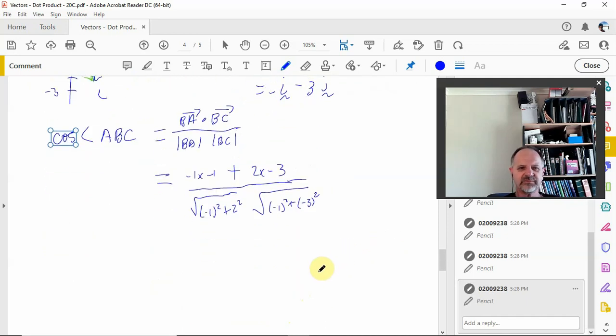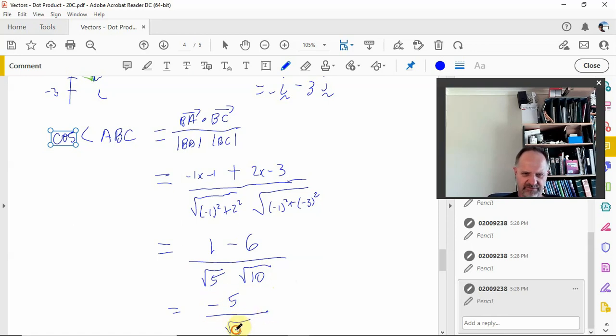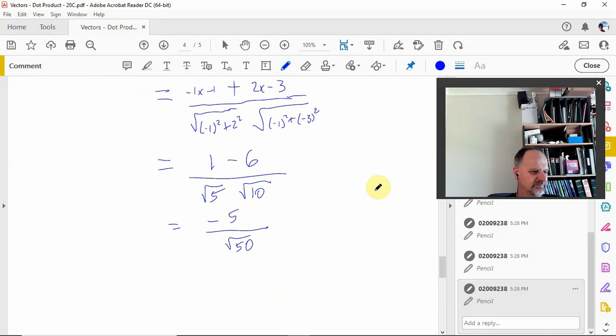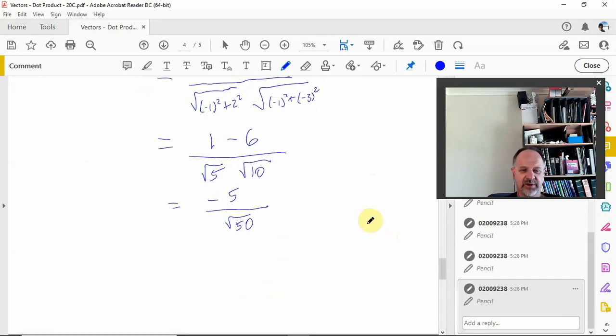So what do we got here then? Negative 1 times negative 1 is positive 1. 2 times negative 3 is negative 6. Down here we've got root 1 plus 4, root 5, and root 1 plus 9, root 10. So we've got negative 5 on root 50. We could go to our trusty calculator, or we could do it by hand.